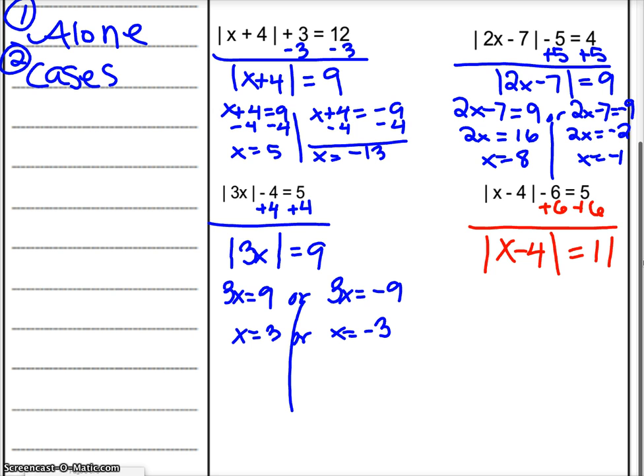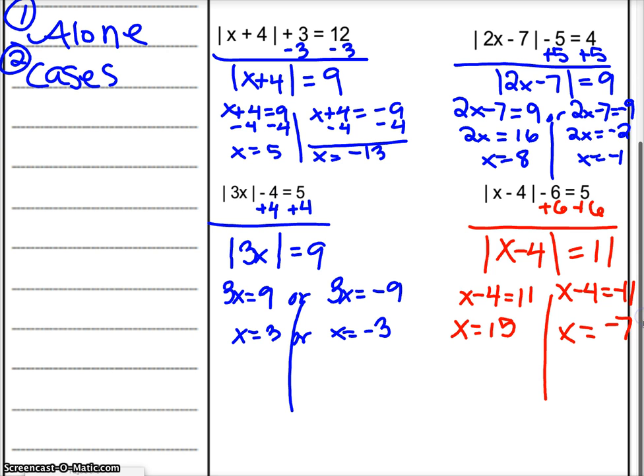Now cases. X minus 4 is positive 11. X minus 4 is negative 11. X is 15. X is negative 7. Plusing 4. Okay? So that's your learning target today.